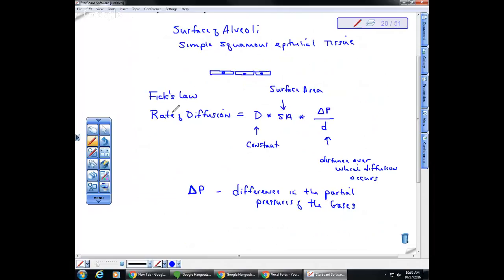If this increases, my rate increases. If this increases, ooh, that's bad, my rate will decrease. We looked at emphysema in lab, and one of the characteristics of emphysema is that the respiratory membrane gets really thick, right? That is going to slow down your rate of diffusion quite dramatically.